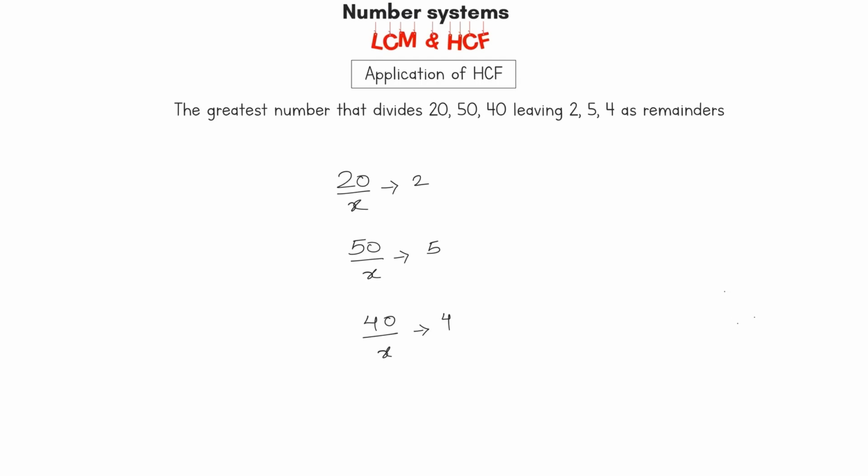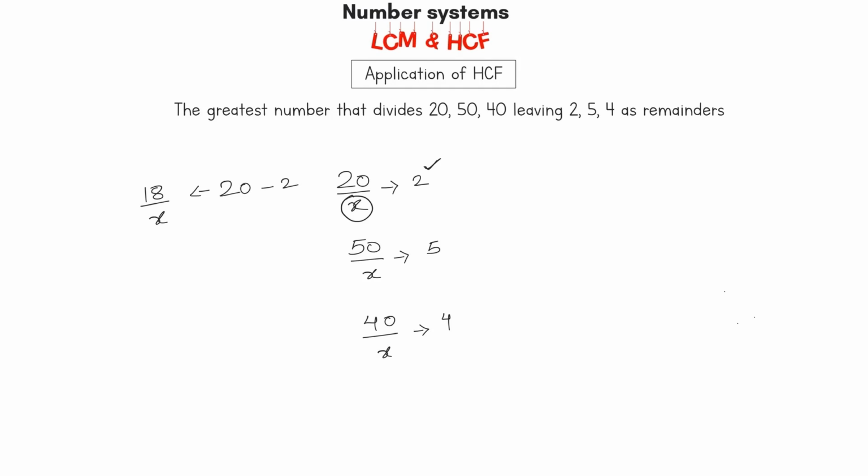What is actually this number then? When I divide 20 by this number, I get the remainder as 2. So if I do 20 minus 2, I get 18. 18 has to be completely divisible by this number.